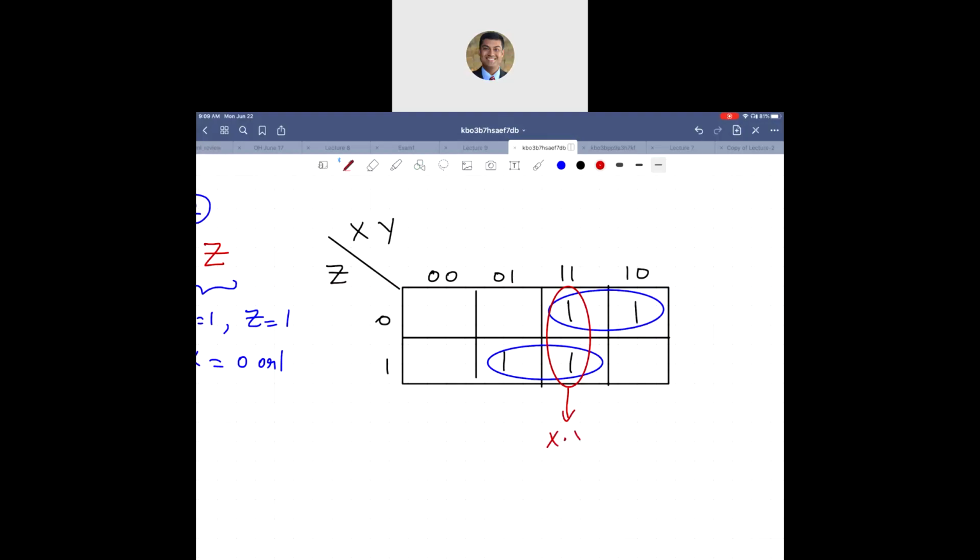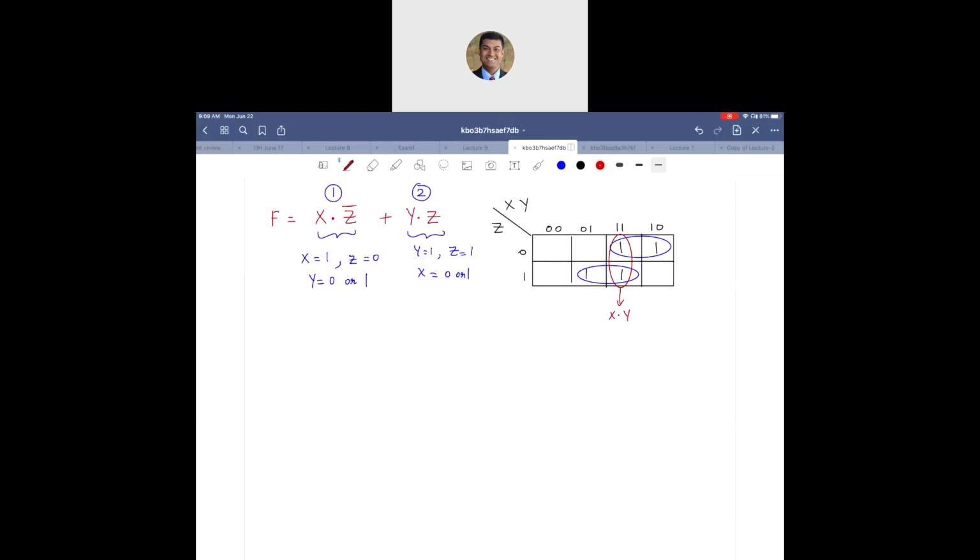X and Y. Meaning, if I rewrite this function as X and Z complement, or Y and Z, or X and Y, this is my redundant prime implicant.